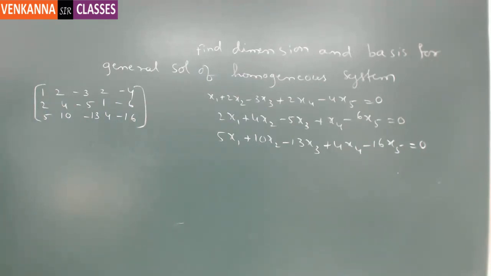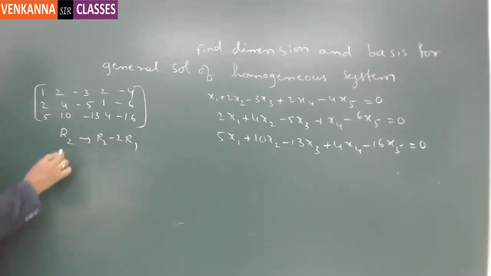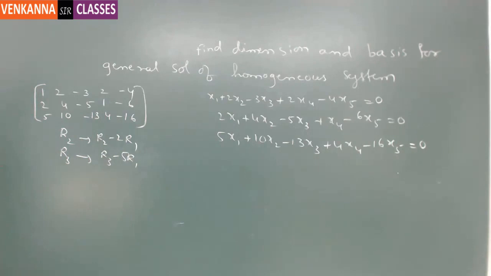We apply the same row operations as usual. So R2 tends to R2 minus 2R1 and R3 tends to R3 minus 5R1. Then again we apply R3 tends to R3 minus 2R2.